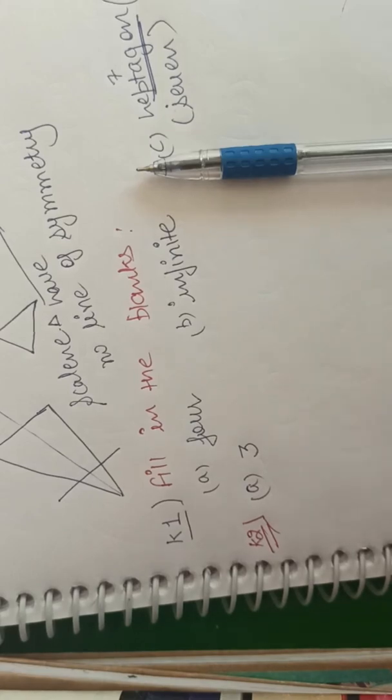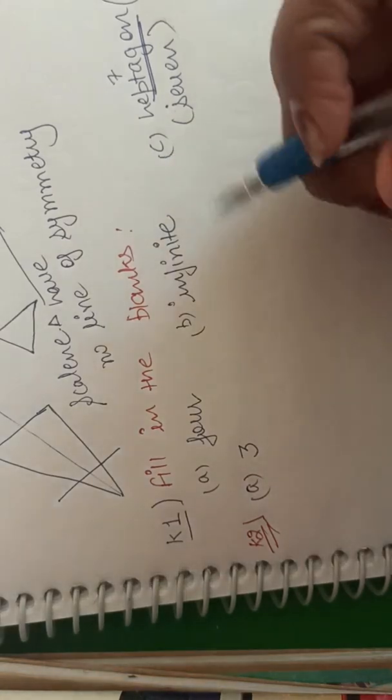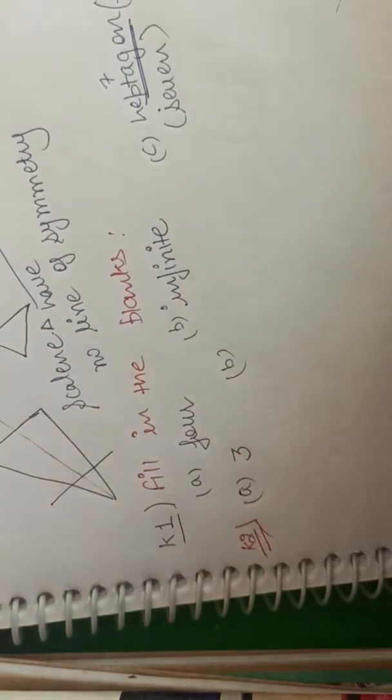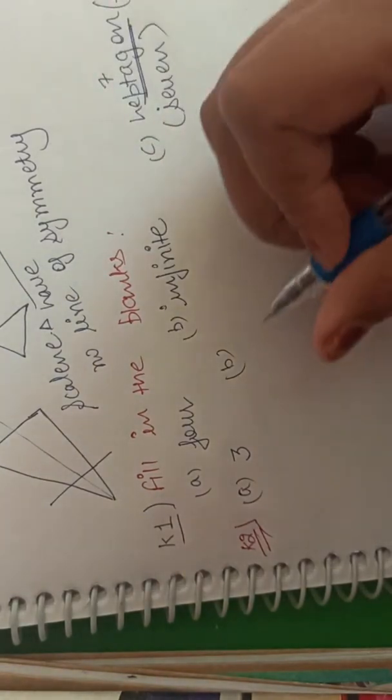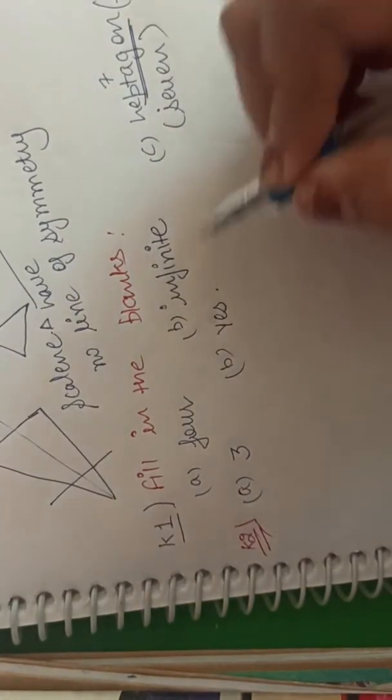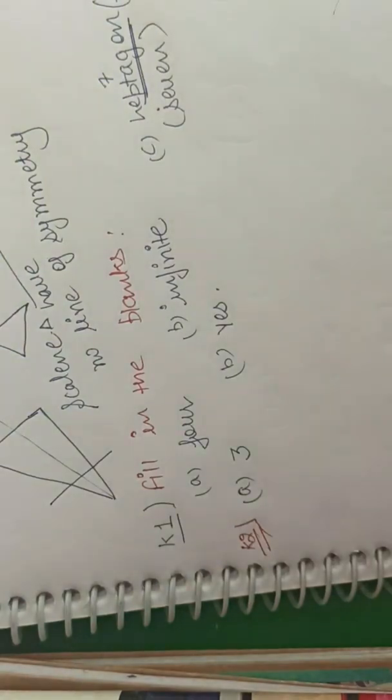After that, come to B part, is the diameter of a circle its line of symmetry. So this also we have discussed, yes, and the reason is that a diameter, like a line of symmetry, divides the circle into 2 equal parts. The diameter also divides your circle into 2 parts, the same as a line of symmetry does.